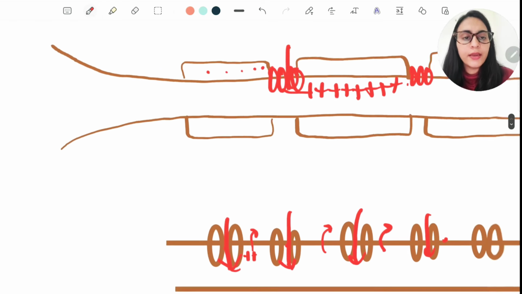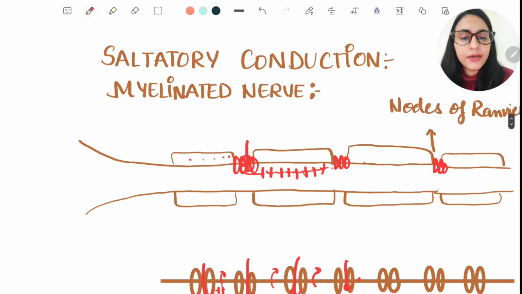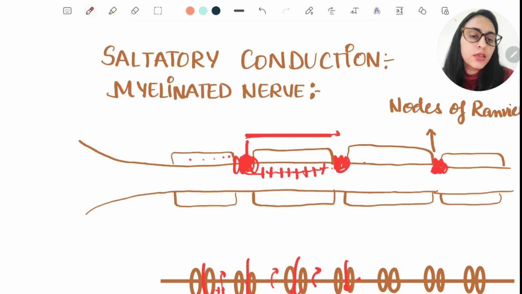You can remember also, if you put a lot of brakes while driving, your driving will be slow. So here in the myelinated nerve, these brakes are coming because of the sodium entry at the nodes of Ranvier. Nodes of Ranvier are located at a far distance. So here the sodium is traveling very fast, then there is slowdown because of the sodium influx into the membrane, and then fast, then slow down.